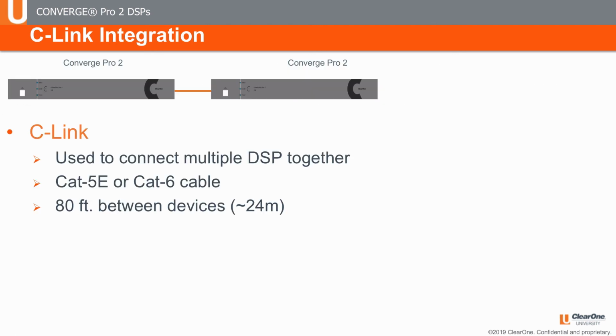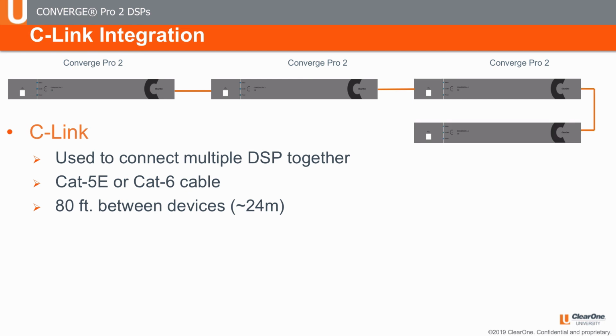The C-Link bus allows connecting multiple DSPs to form a larger system. There is no switch required to connect them, only Cat5e or Cat6 cables. Each jump from a DSP to another can be up to 80 feet or 24 meters long.